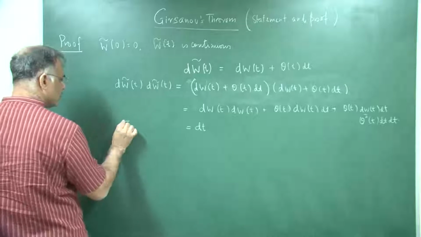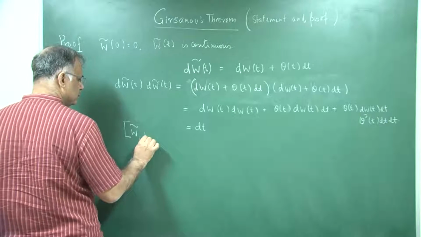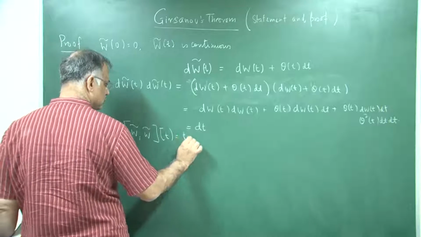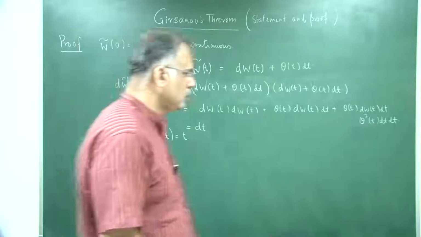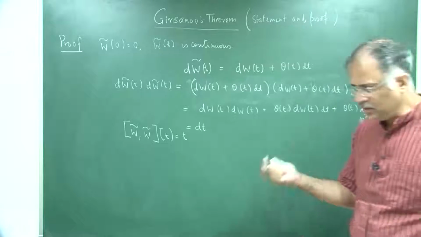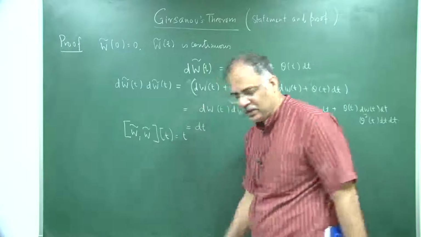And this shows basically, w tilde starts with 0, w tilde is continuous, and w tilde has a second variation t at every t.